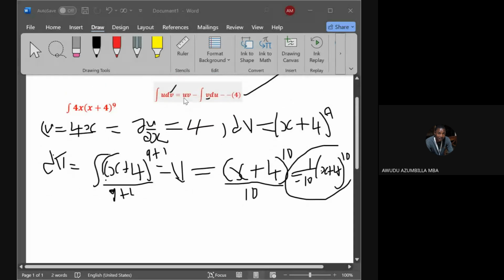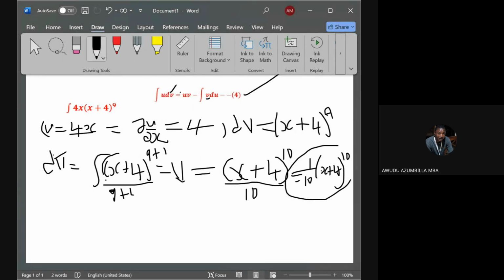We know our v, we know our u. The first part here, we know our u. This is our u, and we said let u is equal to 4x. So this function is going to give us 4x. So let's look at this first.